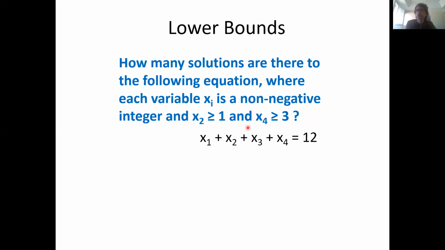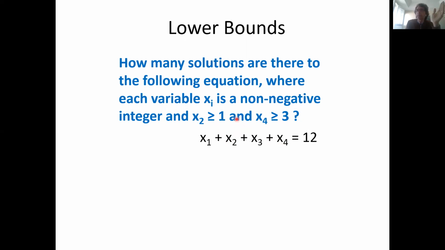So here is a variant of this problem. I'm looking for the number of integer solutions which are non-negative, and I have some constraint that x2 must be at least 1 and x4 must be at least 3. So I have 12 units that I have to place, but 1 unit I have to place in x2. I don't have a choice. After I do that, the constraint is satisfied, but any additional units are fine, including no additional units, 0. 3 units have to be placed in x4.